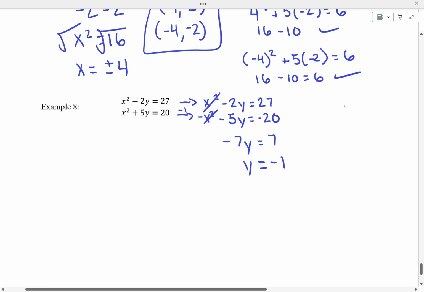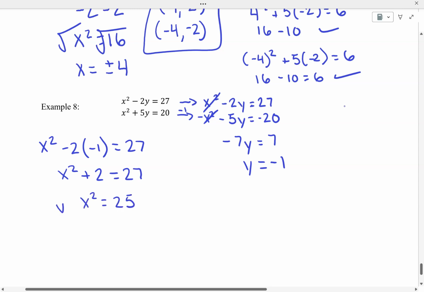Okay. We'll just do the top again. X squared minus 2 times negative 1 equals 27. X squared plus 2. Subtract the 2. We get a 25. And of course, when we square root, we get plus or minus 5.